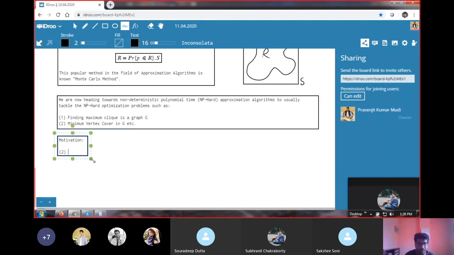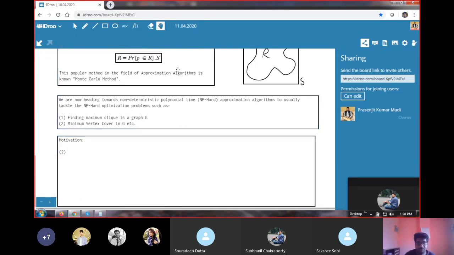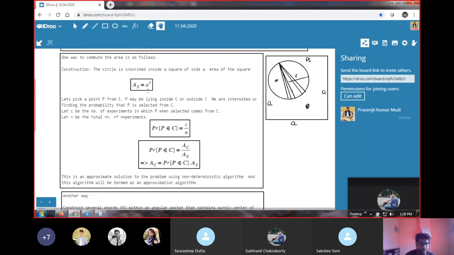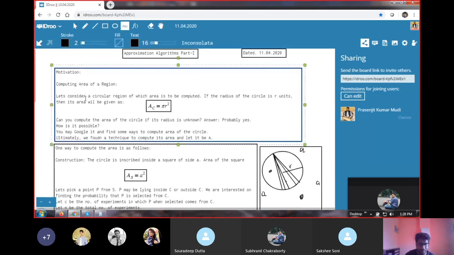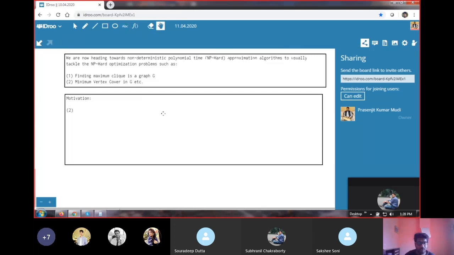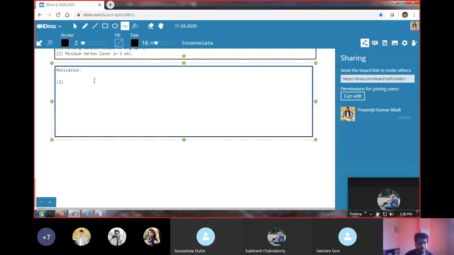Already we have our first example, computing the area of a region. Next, we have another example.